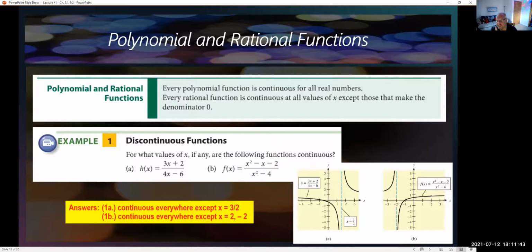Every rational function, however, is continuous at all values of x except for those that make the denominator 0. So if you look at example 1, you'll see situations where you're able to cross things out and such, but that's not what's important. Whether you can cross it out or not, you still have to look at that denominator and think about if it's continuous there or not.